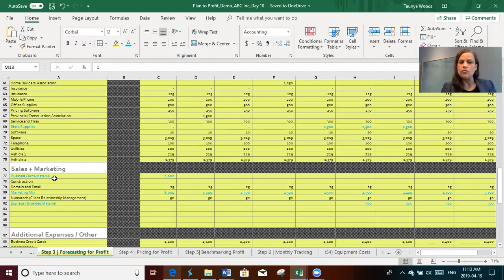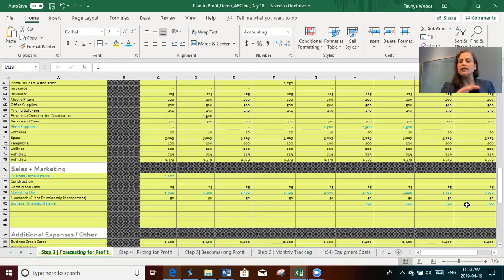Also, I added a few more things in here, business cards, material. This is the time for you to add it. We can still tweak. So I added those things in there. And then also recognize signage expenses. I added extra signage for when they have those projects, which obviously should be bundled into cost of goods, but again, this is going to be a work in progress for you as you start to understand these things.